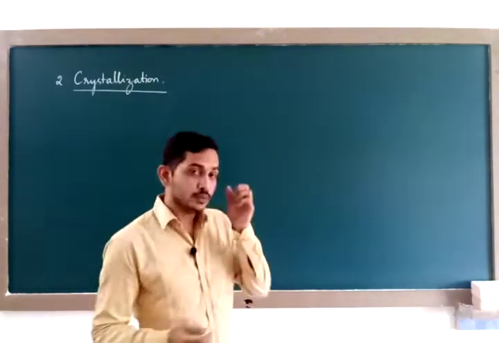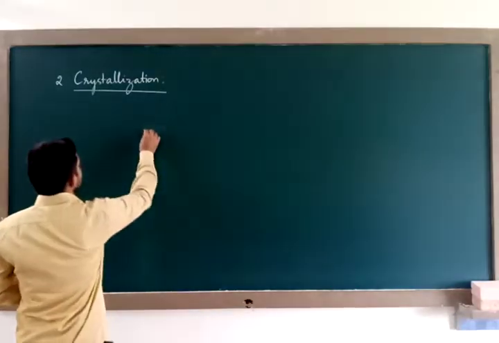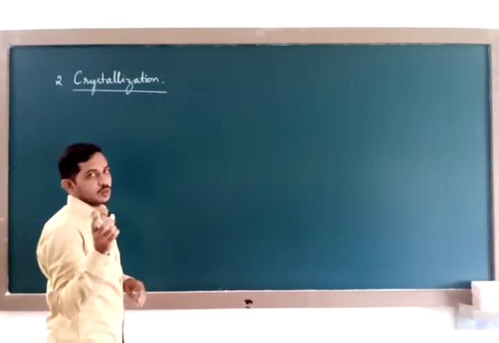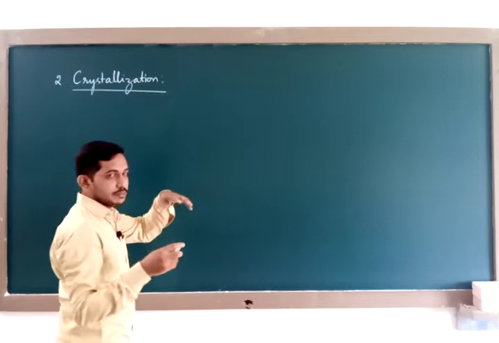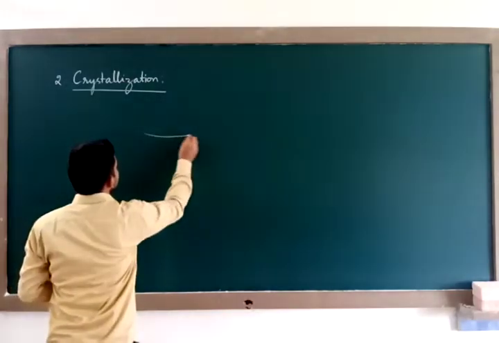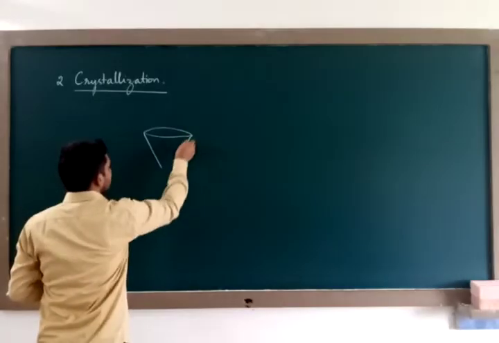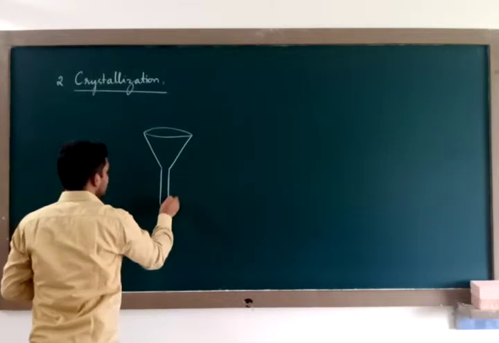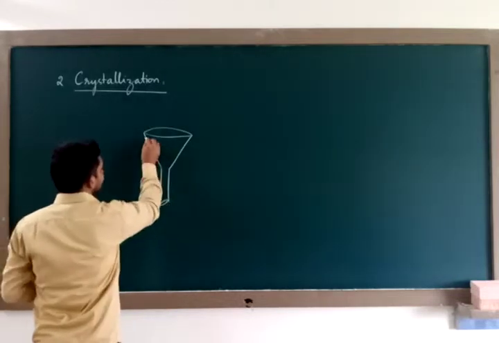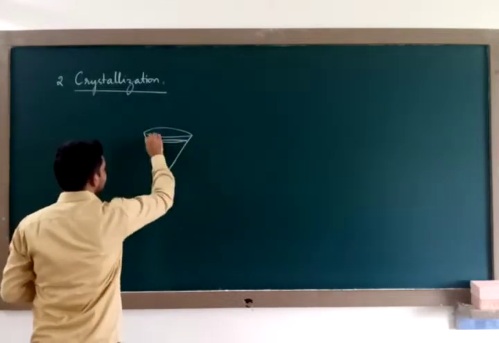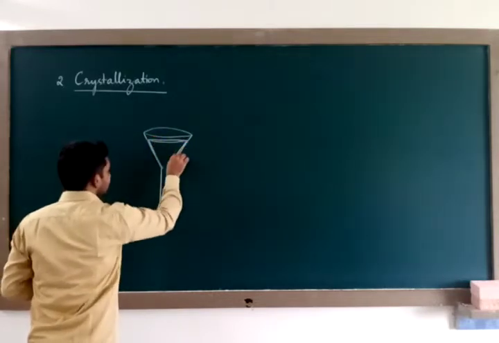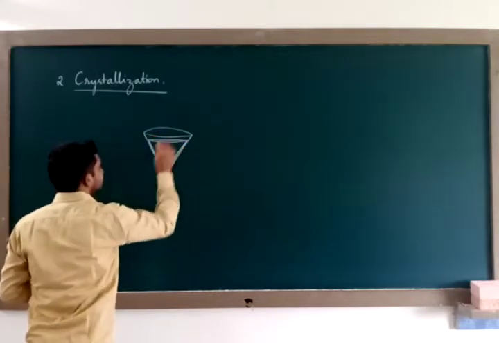I can demonstrate how this is done. You have seen yesterday how a glass funnel is inverted in sublimation. The same glass funnel is taken, inside which a filter paper is fitted in the form of a cone.